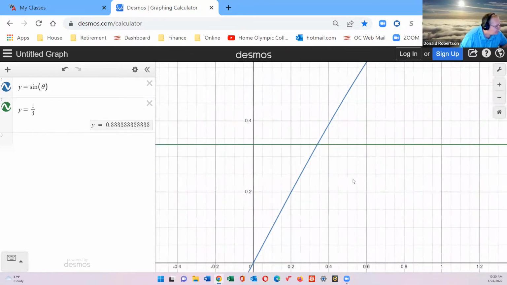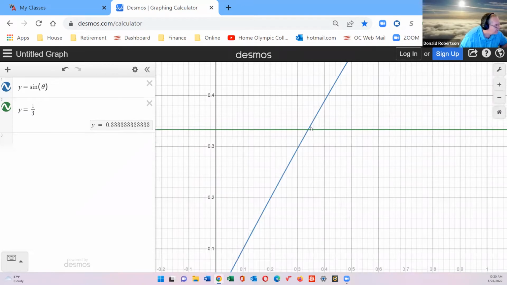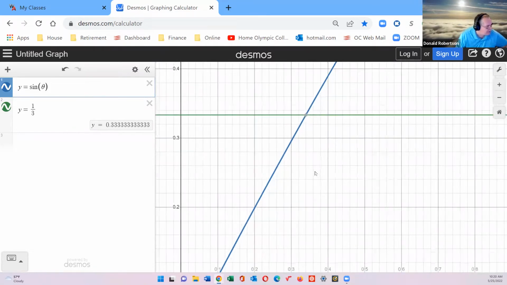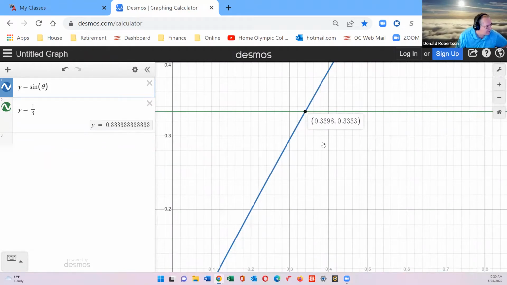Now, if you zoom in on this guy and you click on him, I've been told that you get a more accurate answer. You remember yesterday I had to do the TI-84 and I don't like using it because it's clunky, because it only gave me 3 and I needed more. Just zoom in and you get a little bit more detail.